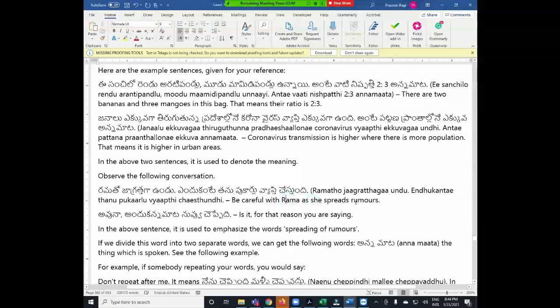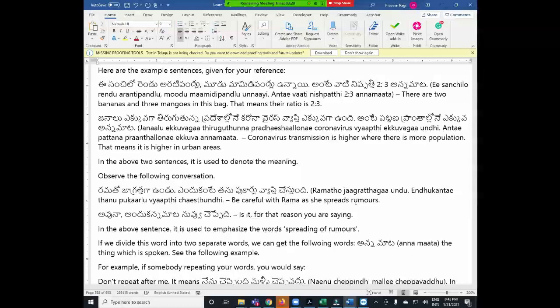Okay, earlier we had a sentence like coronavirus spreads, something like that. There is no other object after coronavirus, so we used వ్యాప్తి అవుతుంది.